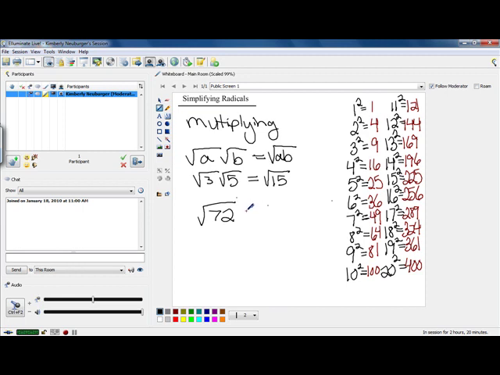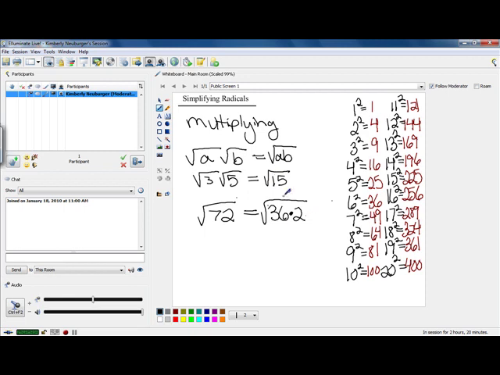So this square root of 72 is going to turn into square root of 36 times 2, because we divided 72 by 2 to get 36. I like to always put my perfect square first. That's just a preference, but it does help in keeping things organized.